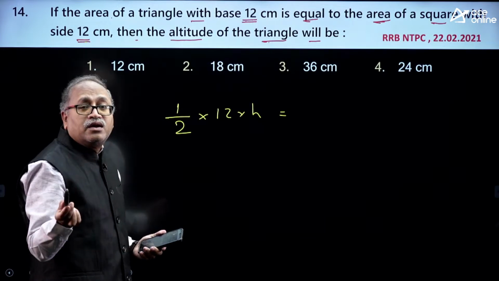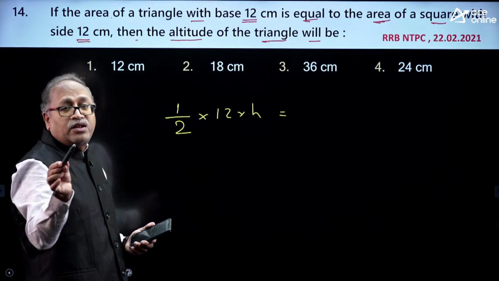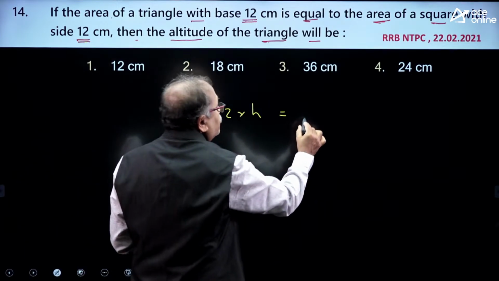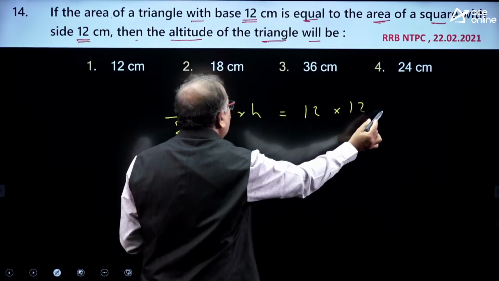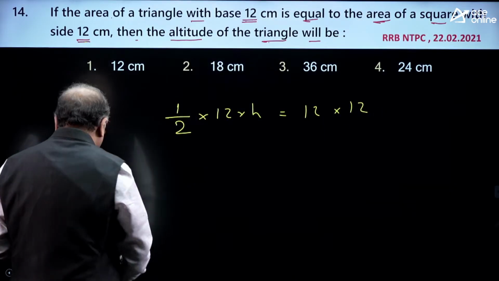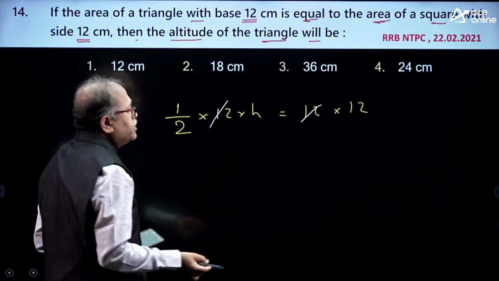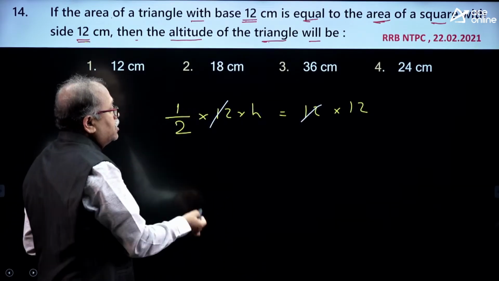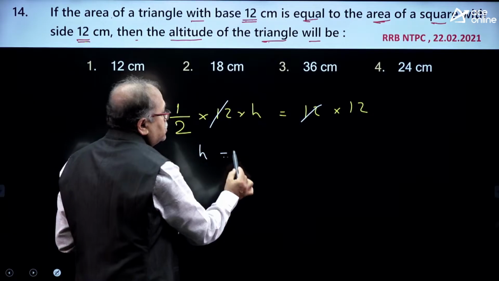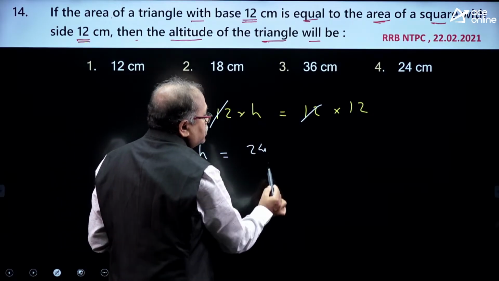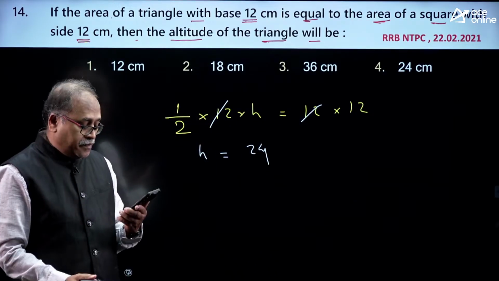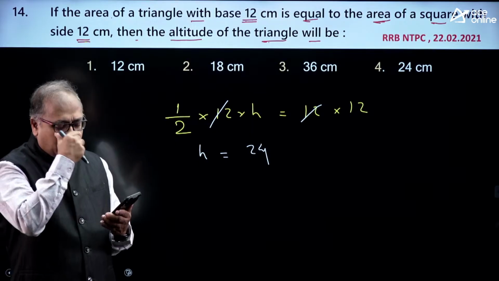So, the area of the square, side is 12, the area will be 144. So, 12 into 12, I am just writing in this format. So, you notice that your answer is right, it will be double. In other words, what is h? The h is equal to 24 is your answer. Well done. Double.